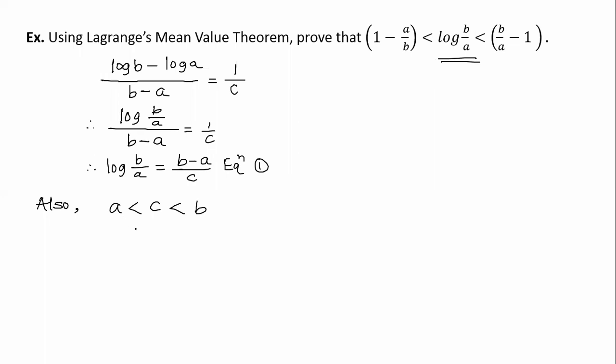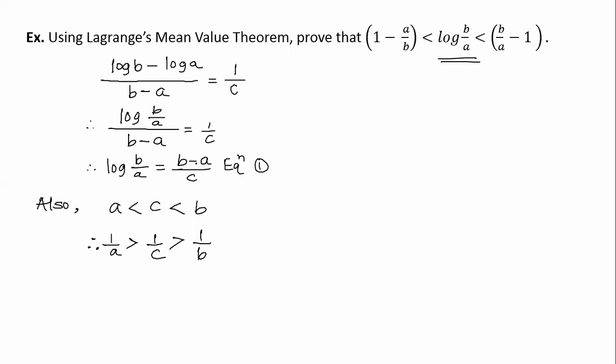See, equation 1 right hand side is (b minus a) upon c, right? So c is in the denominator, so everything is to be taken in the denominator: 1 upon a, 1 upon c, 1 upon b. Please tell me now, greater than or less than? Greater than. Change.